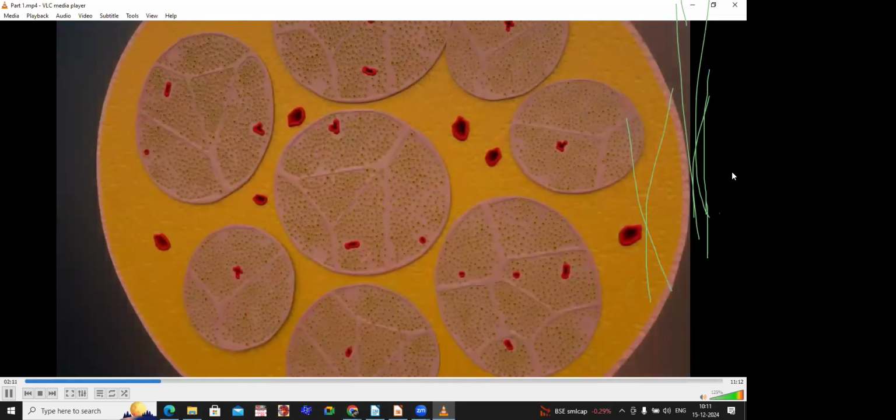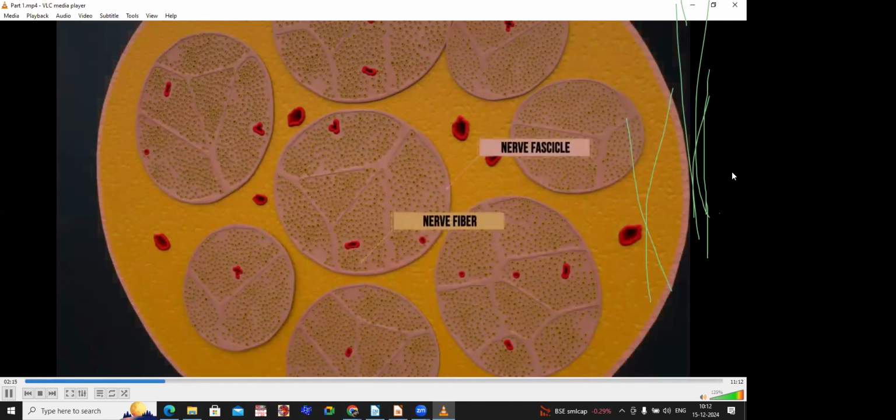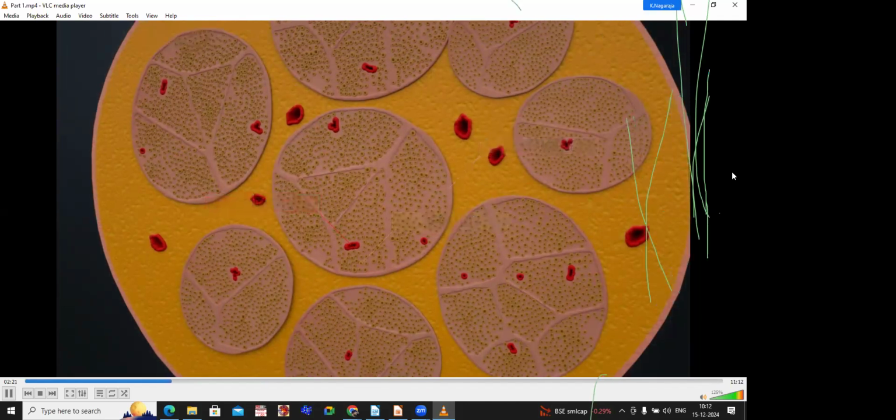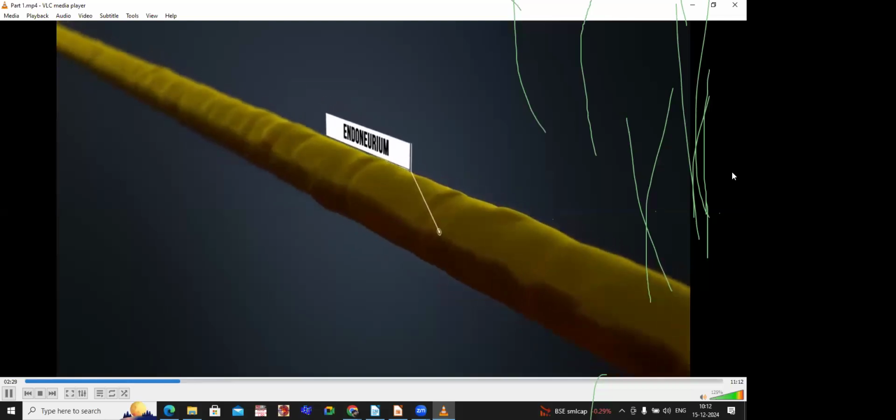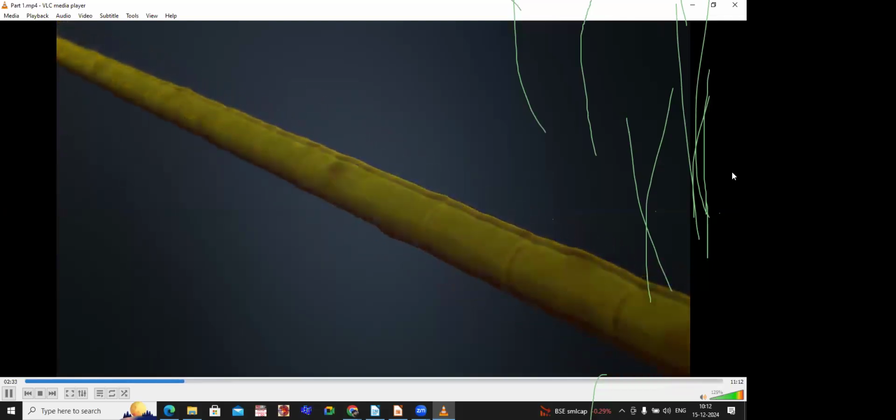Blood vessels and many nerve fibers are part of a spinal nerve. Several nerve fibers form a nerve fascicle. Nerve fibers are enclosed by a connective tissue layer of endoneurium. Schwann cells are located under this protective layer.